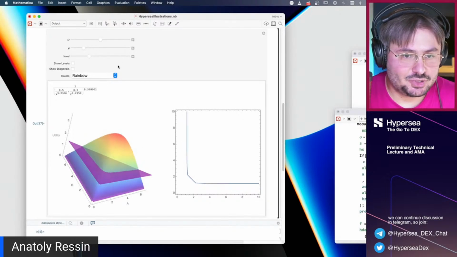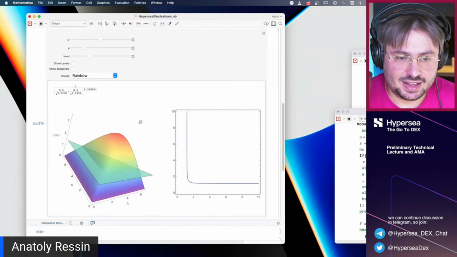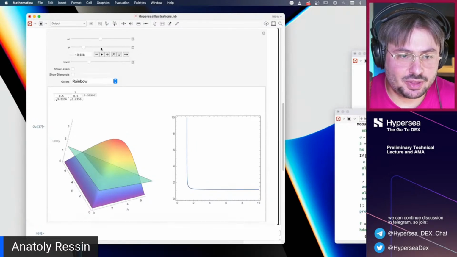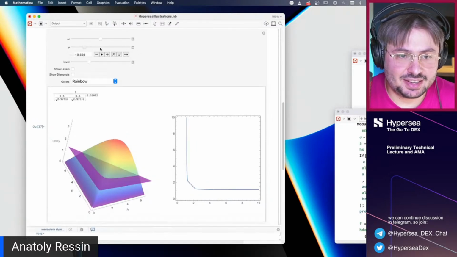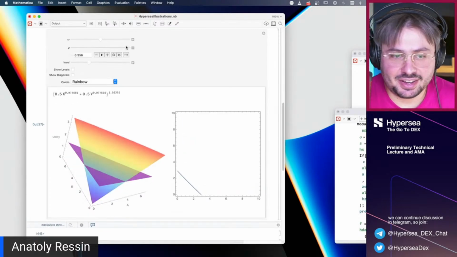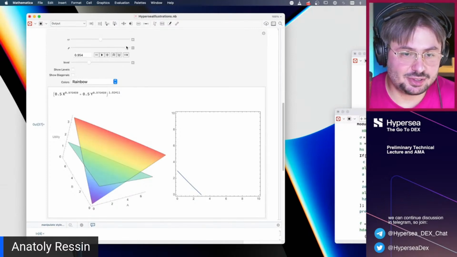So when I'm changing this parameter, it means that when this parameter is equal to 1, currencies or objects are absolutely substitutable.